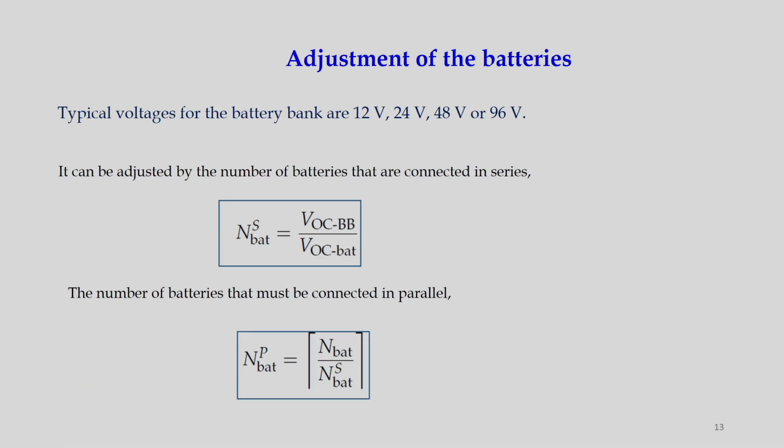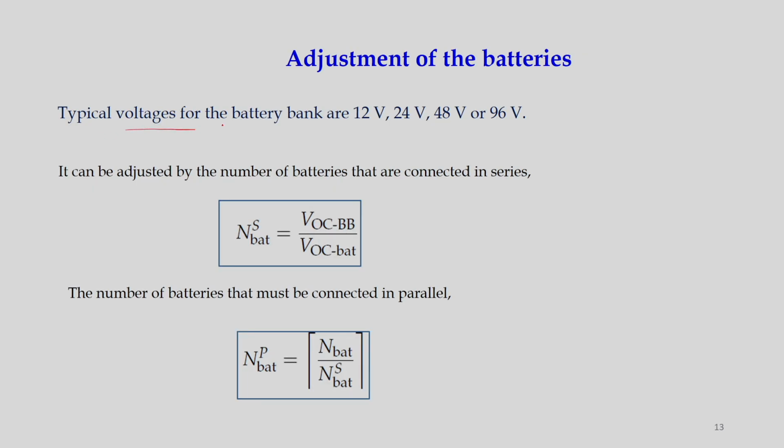Now, we must know the number of batteries to be connected in series and the number to be connected in parallel. Okay. If we consider a typical voltage for the battery bank, it may be 12 volt, 24 volt, 48 volt and 96 volt. Okay. These are specified in the case of lead acid batteries.